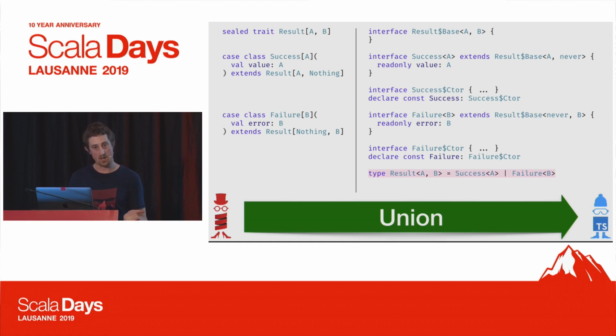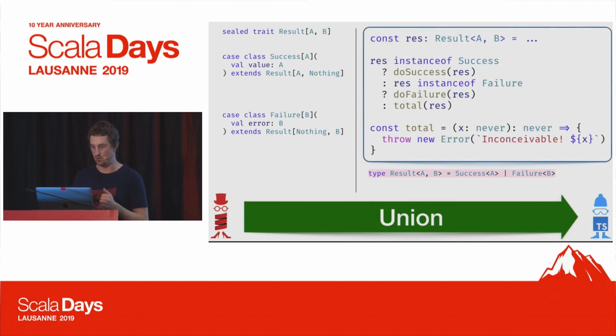It's an untagged union, but because it's a union of two classes, we can use instanceof to fold over the different possibilities. And TypeScript is flow typed, so if res is instanceof success, then the res that gets passed into doSuccess has a type of success.